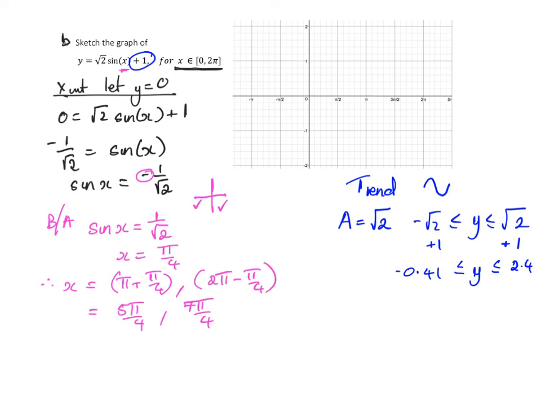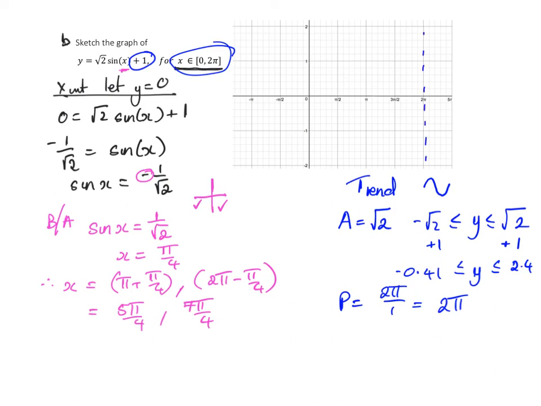Now the other thing that we should consider here is the period of this graph, and we know that the period is 2 pi on n, and n in this case is 1, between the sine and the x, so 1 full cycle is 2 pi. Let's start putting that together with our guidelines. So 1 full cycle is 2 pi, so really that's all they're asking for in this graph, to draw 1 full cycle.